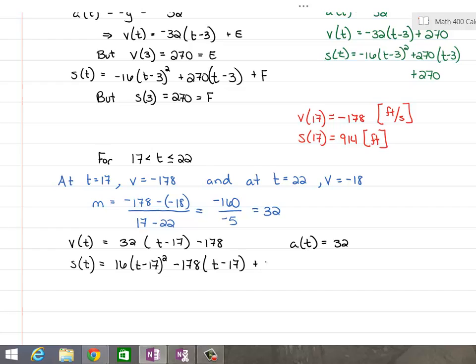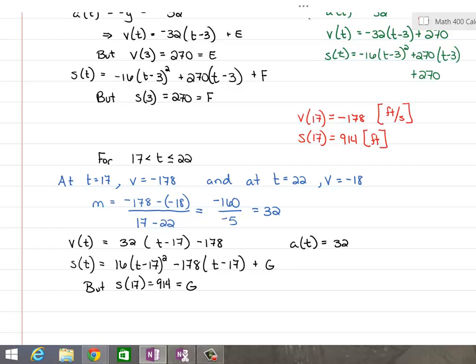And then plus some constant, I'll call it g. However, the position at time 17 should be 914. So if I plug in 17 for all these, you'll see that that should be g.